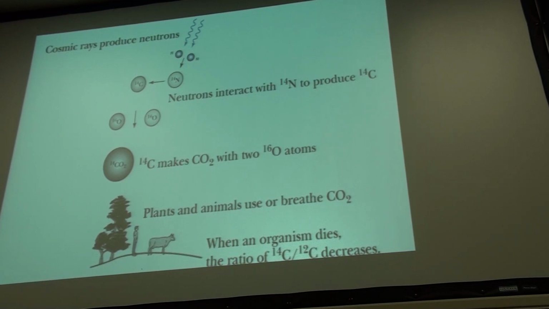But then once the organism dies, it stops taking in more of the enriched carbon-14, and that carbon-14 starts to decay. And so this gives us a clock on how long since the organism died.